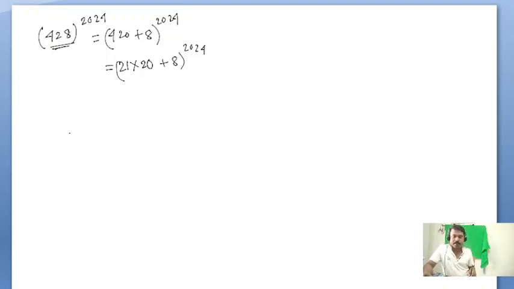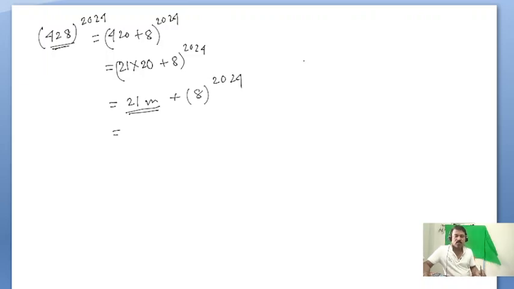Okay. Now we divide by 21 here. So this can be written as (21 into n plus 8) whole to the power 2024. Okay. This is divisible by 21.